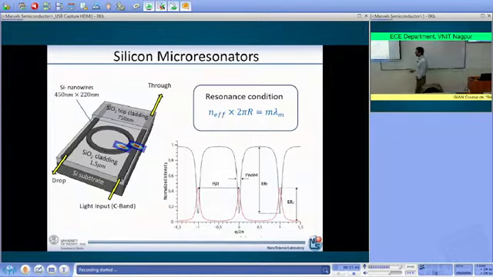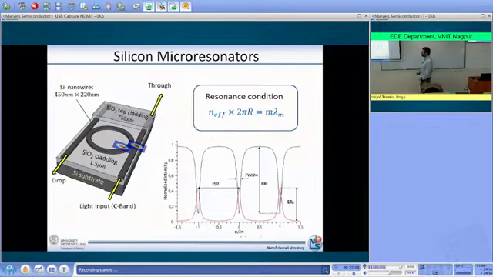Here you have some important quantities. You see that you have a wavelength separation between two nearby resonances, and this wavelength separation is called the free spectral range. Okay? The free spectral range is defined by the distance between two nearby resonances.